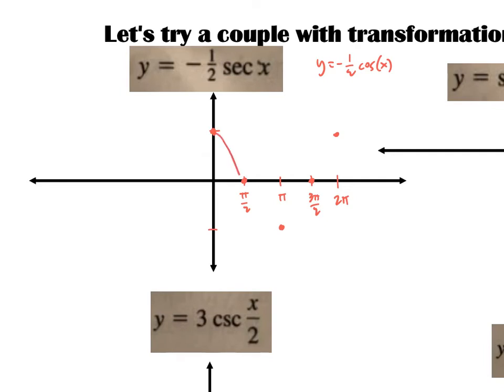We do it over and over again. Get really good at sketching those out. Okay, I'm going to flip that. So this would be negative cosine x. Okay, y equals negative cosine x.